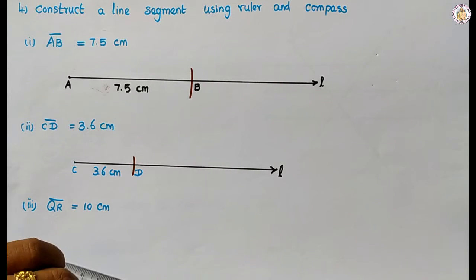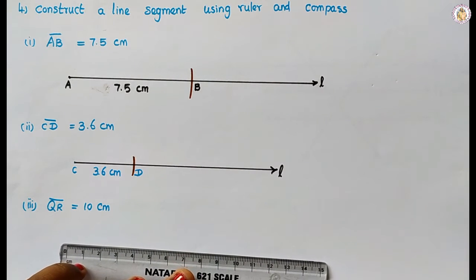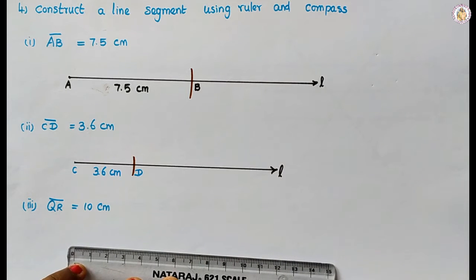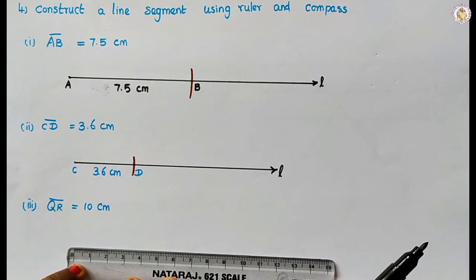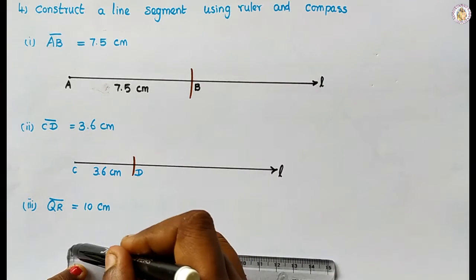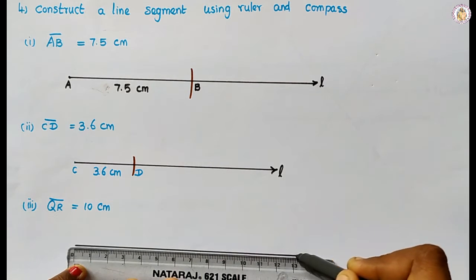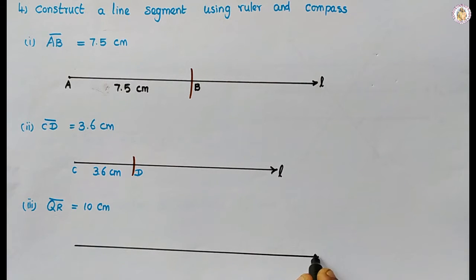Next one, QR equal to 10 centimeter. Now what's the first step? Draw a line L with any measure, and starting point is what?